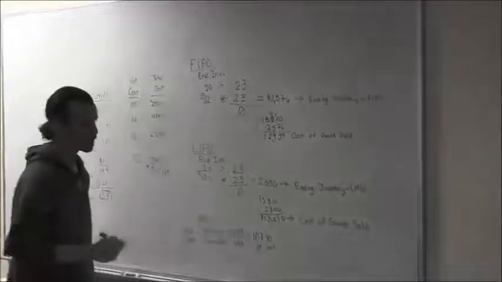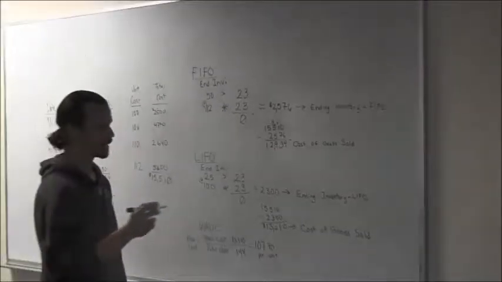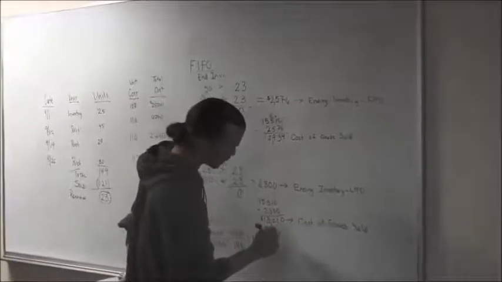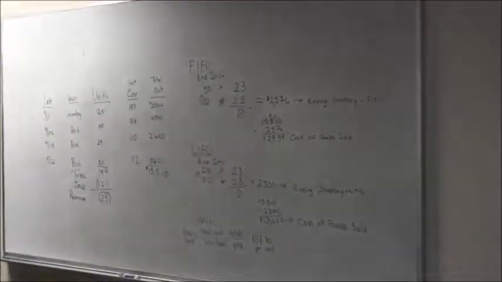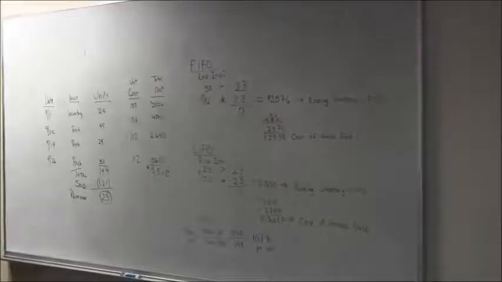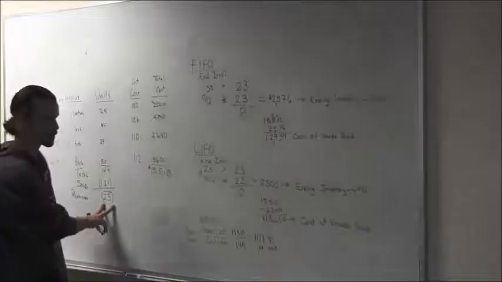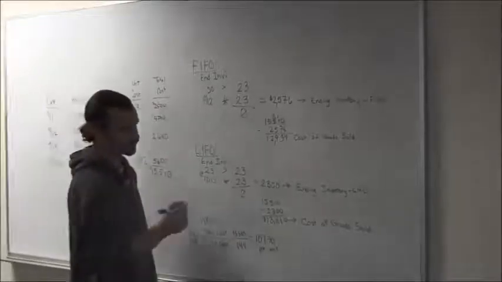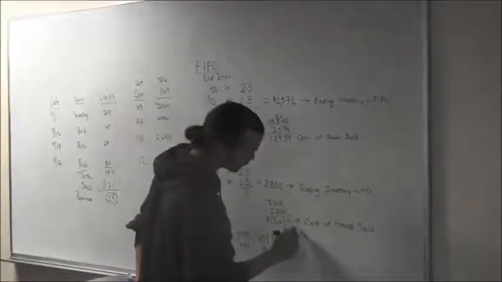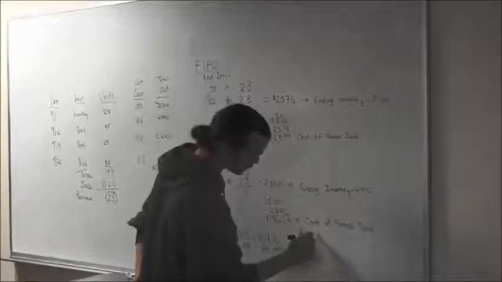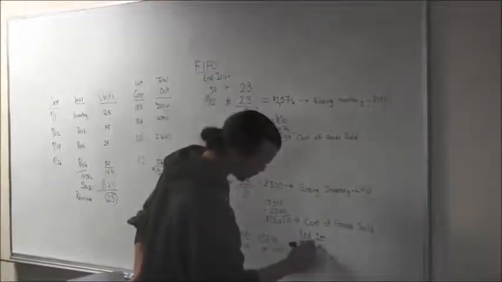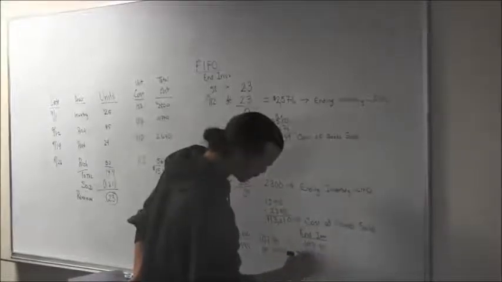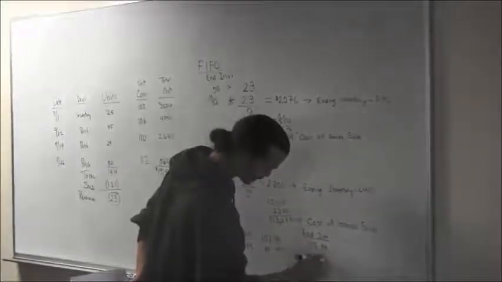And if I want to get my ending inventory, I multiply it by what? I will multiply the 107.7 by how much? 23, the number of units remaining in my ending inventory. So if I want ending inventory, I do 107.70 times 23.